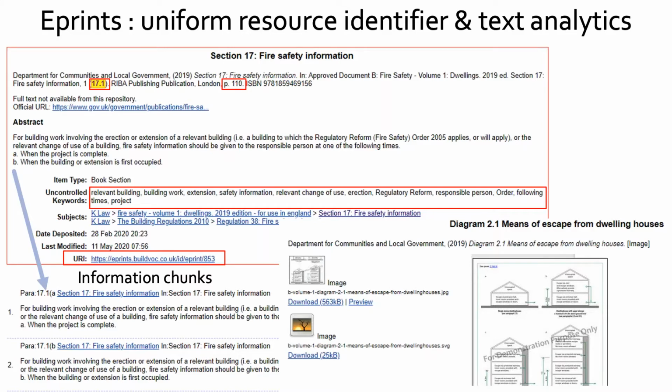And some of them are quite relevant and some of them are not very helpful. For example, responsible person, building work extension, some safety information, probably quite helpful. Another helpful bit of data that you can extract from here is a URI, which is something that could be linked to another system.